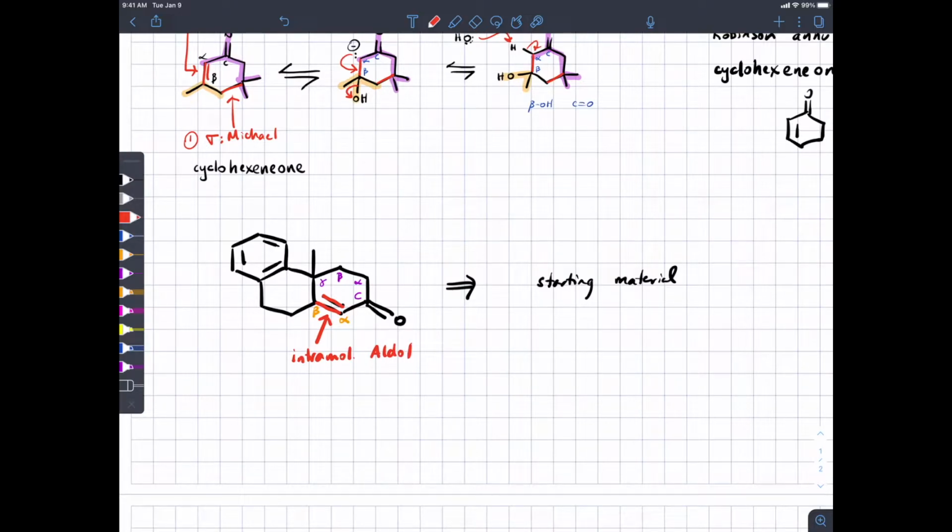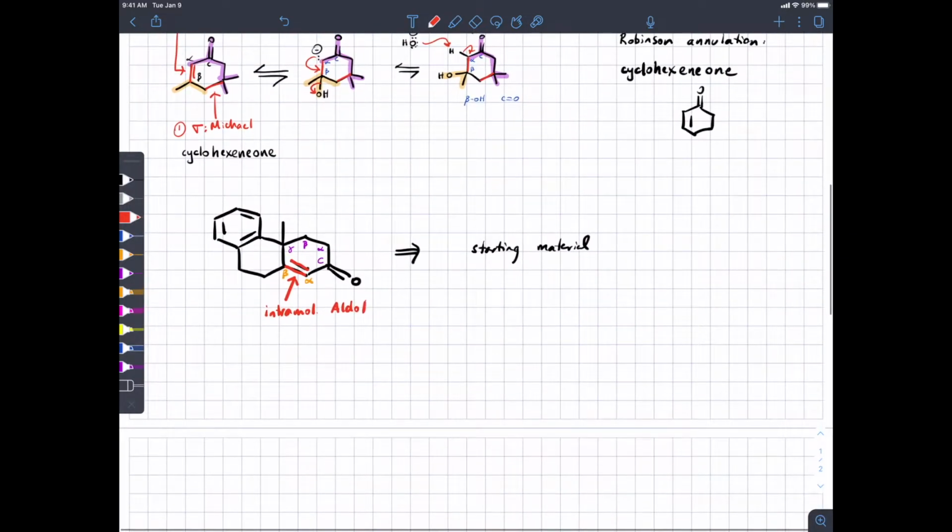So we can do this stepwise, actually, and until you get really good at this, it maybe is a good idea to do it step by step. Okay, so if that is the product of an intramolecular aldol reaction, and it's an alpha beta unsaturated carbonyl compound, so that means there was attack of an enolate followed by elimination of an OH group.